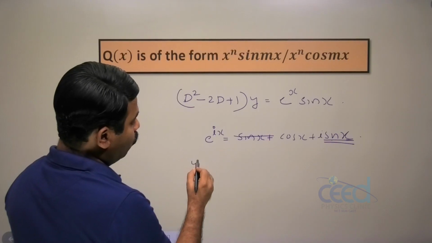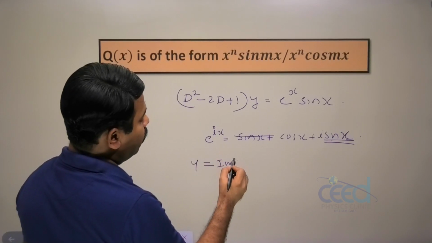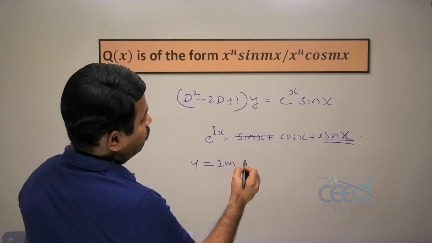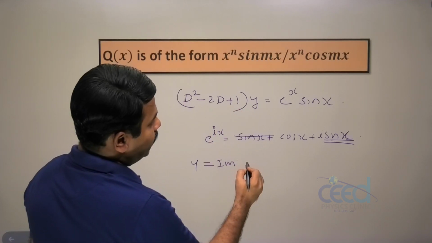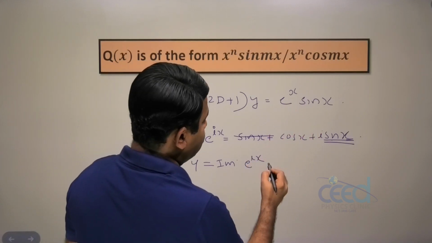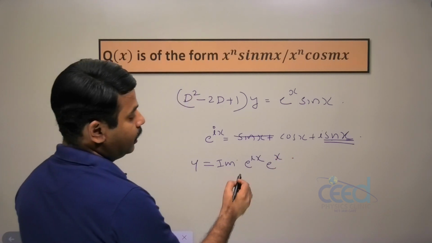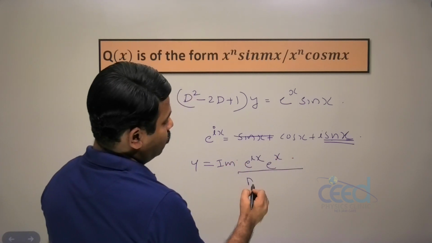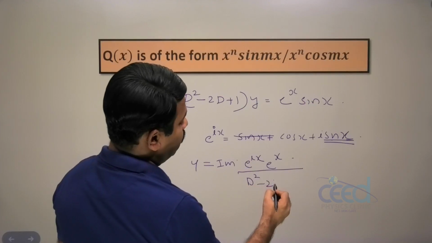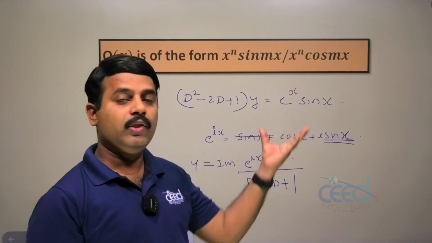What we write: y is equal to the imaginary part of 1 by d square minus 2d plus 1 acting on e raised to ix into e raised to x. So like that we write and then we solve.